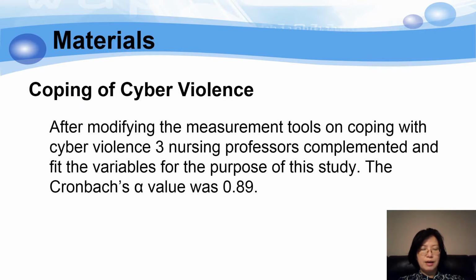Coping of cyber violence. After modifying the measurement tools on the coping with cyber violence, 3 nursing professors complemented and fit the variables for the purpose of this study. The Cronbach alpha value was 0.89.